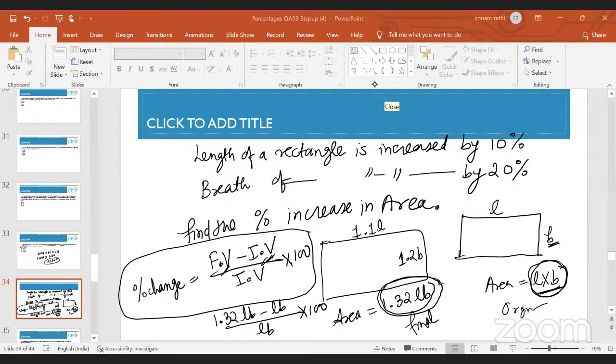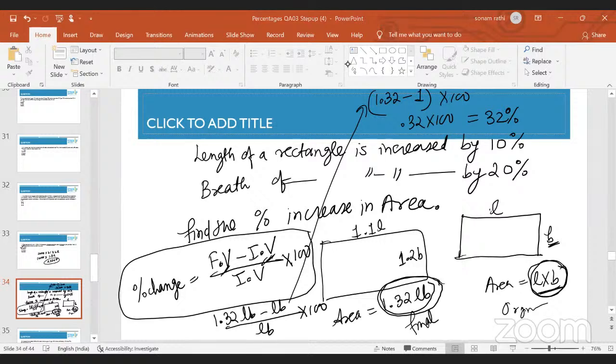No, Anjali, not correct. Tell me what will be the final answer? 32, right? Everyone got it? If I solve it, what will I get? 1.32 minus 1 into 100. So 0.32 into 100. That is 32%. Yes or no?